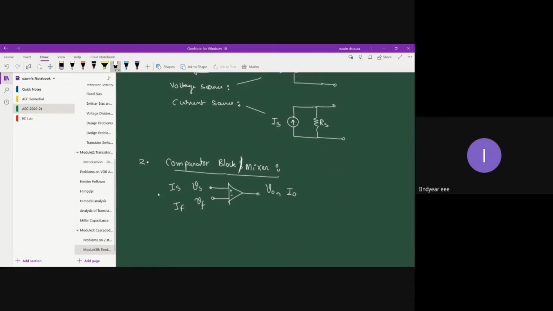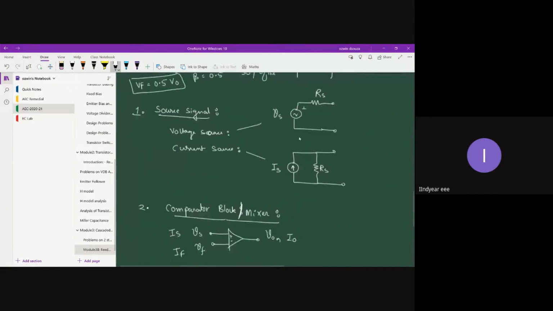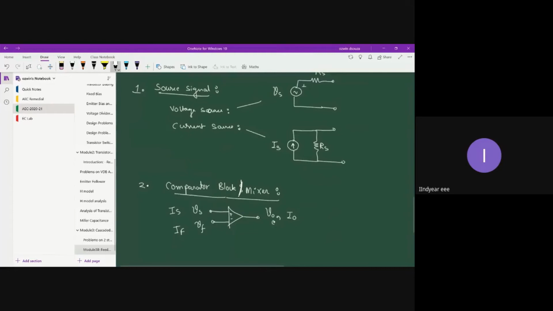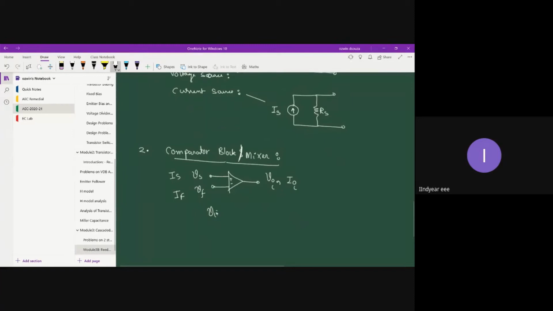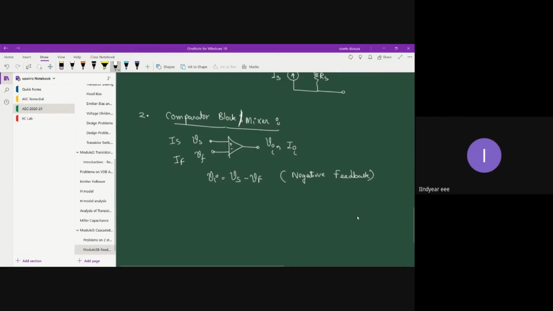Now the output, we'll not take it as V naught, we'll take it as Vi. This Vi is basically the difference Vs minus Vf for negative feedback, because in case of negative feedback, you have seen that the signals are subtracted from each other.